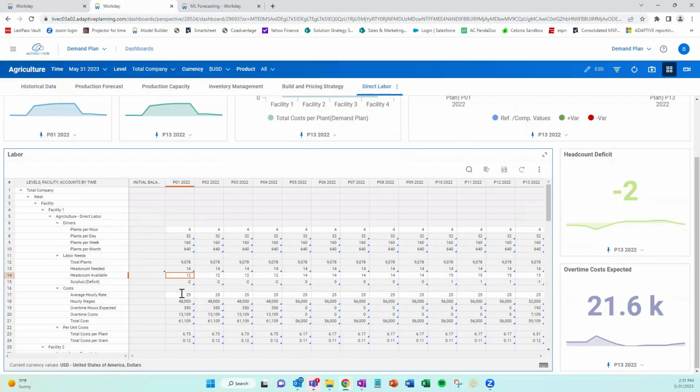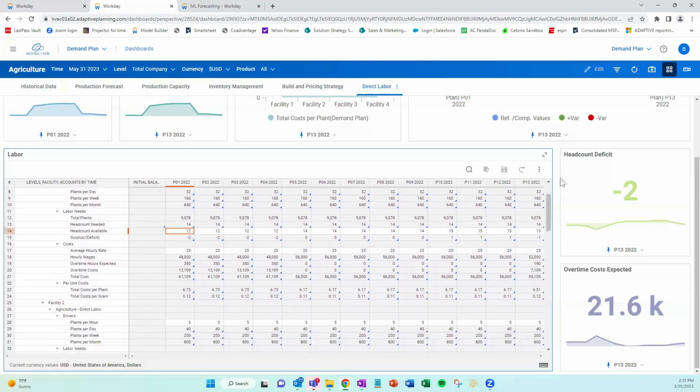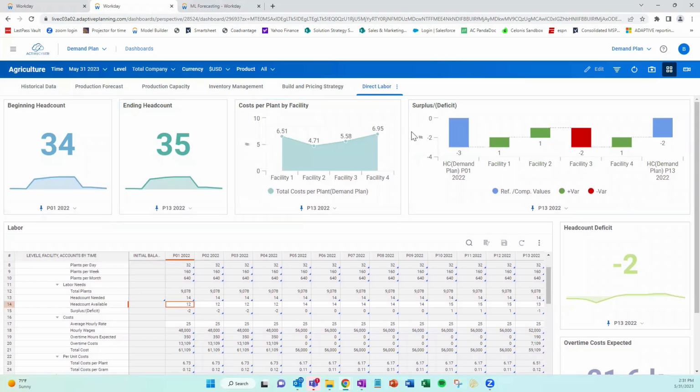So if we have a $25 an hour rate, what does that do to our hourly wages expected? Since we have a surplus deficit, some of our people are going to need to work some overtime to make sure that we can account for all of the demand coming in. All of this then helps generate an overall surplus or deficit.